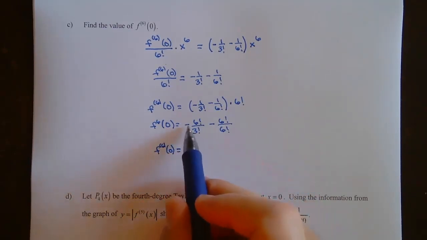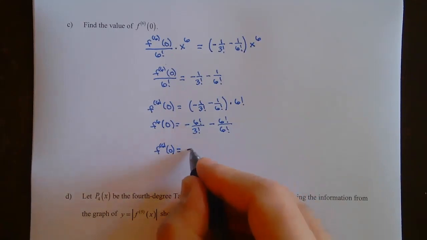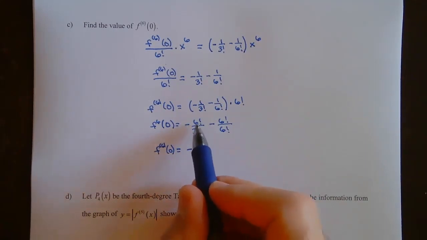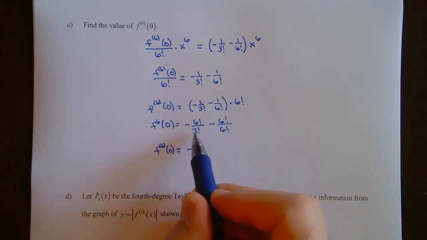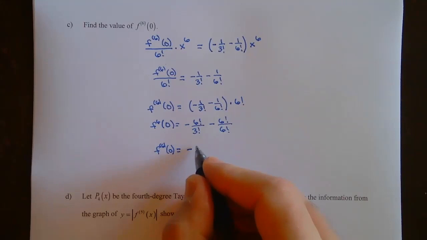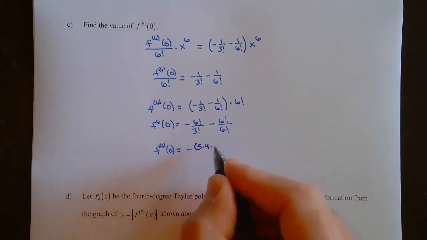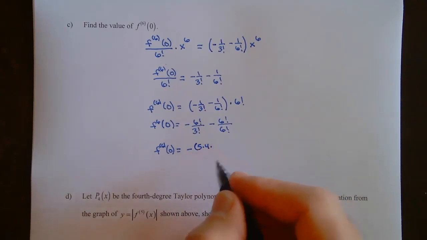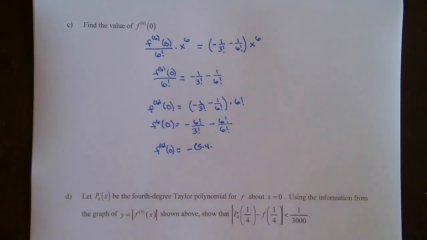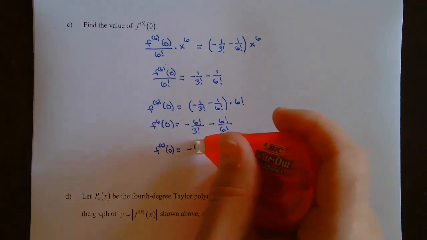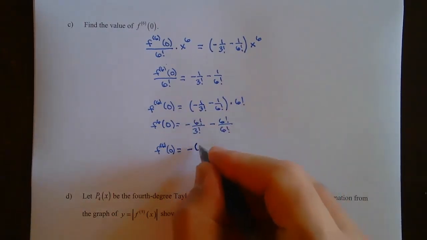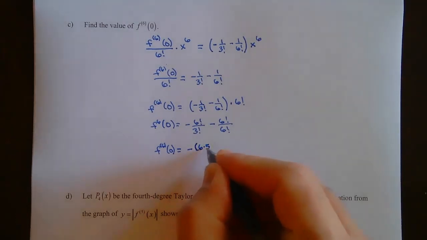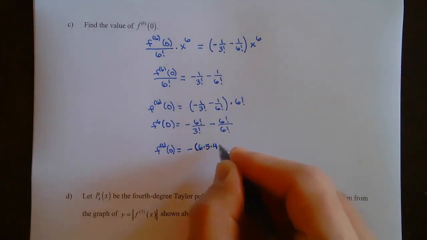Okay, so this would be negative, and this would be 6 times 5 times 4, and we wouldn't go all the way down to 3 because the 3 times 2 times 1 are going to cancel. Let me get my white out. Okay, so this would be 6 times 5 times 4, and 3 on down would cancel, okay?